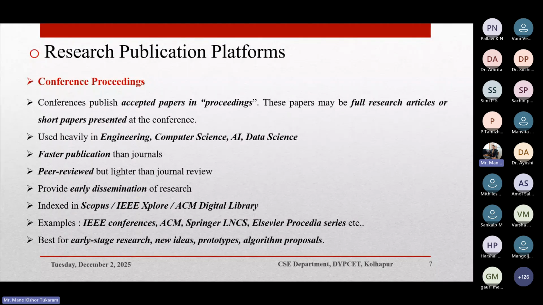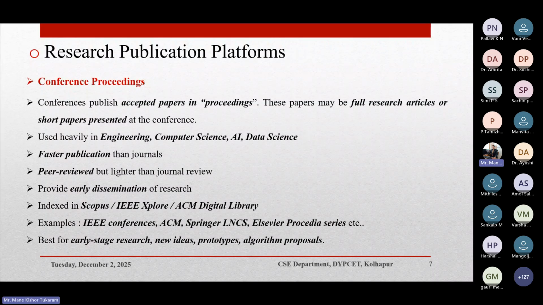CRC Press also provides publication as a book chapter, so that the content can be either Scopus indexed or Web of Science indexed. All these conferences are available nowadays.